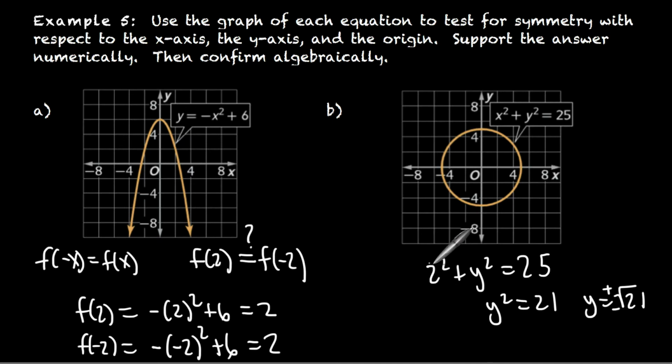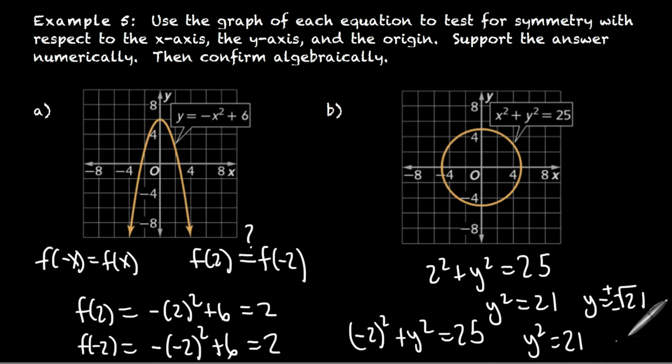And let's see what happens if we plug in a negative 2. Well, negative 2 squared plus y squared equals 25. Negative 2 squared is 4. So we're going to get y squared equals 21 again, and then you take the square root, y equals plus or minus root 21.